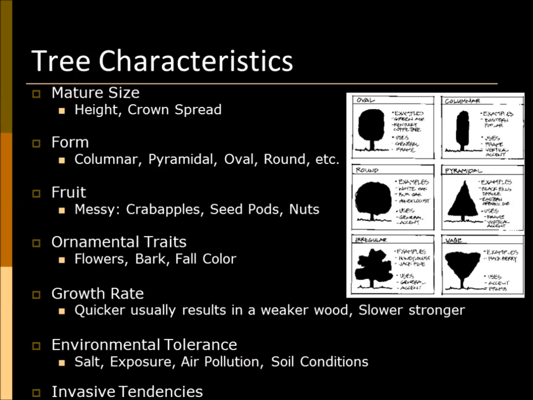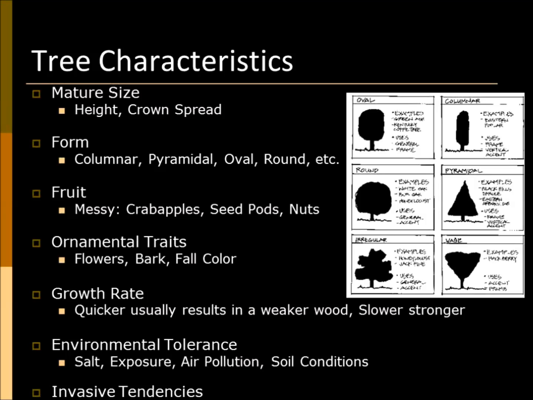Typically the faster it grows, the weaker the wood, the slower it grows, the stronger the wood. The importance here is knowing that when you're selecting your tree species. One example I might give here is the new Acer freemanii varieties, which are the red-silver crosses. They developed that cultivar so that it would have better, stronger branch attachments, but still a fast grower.